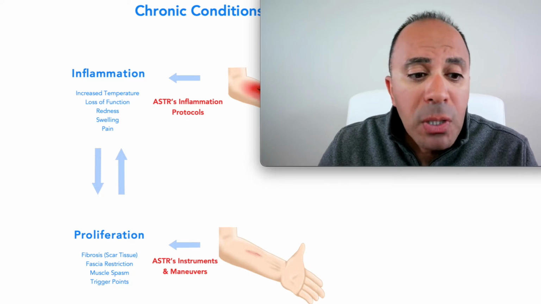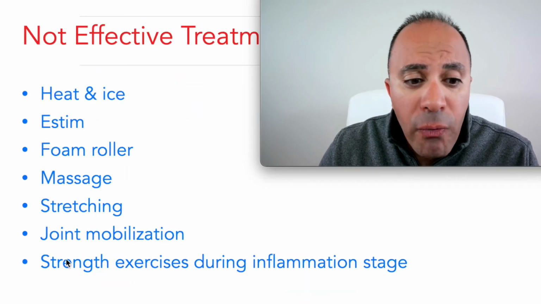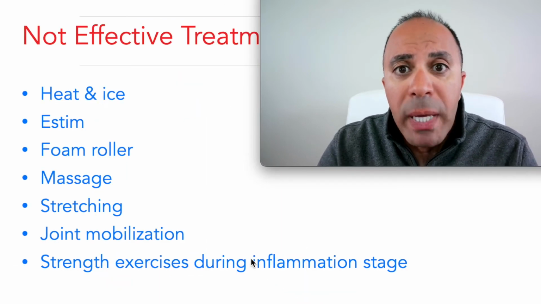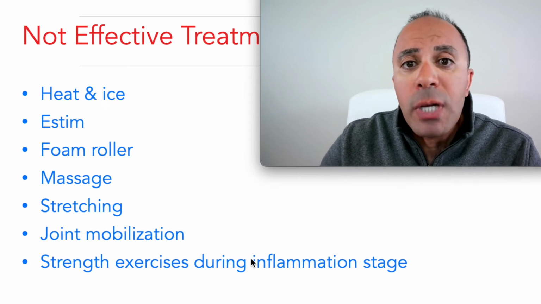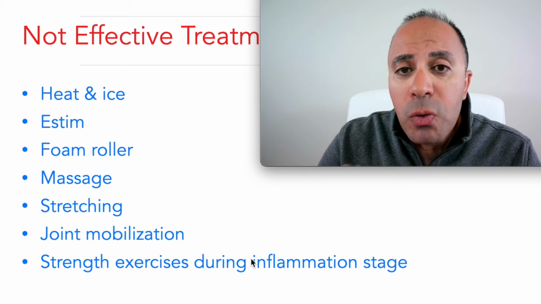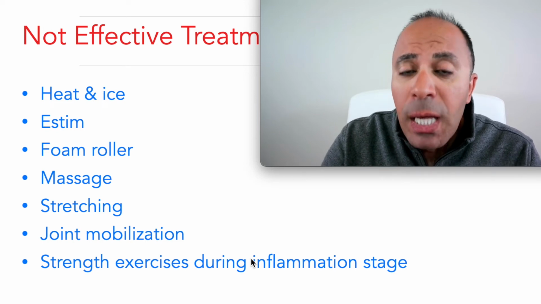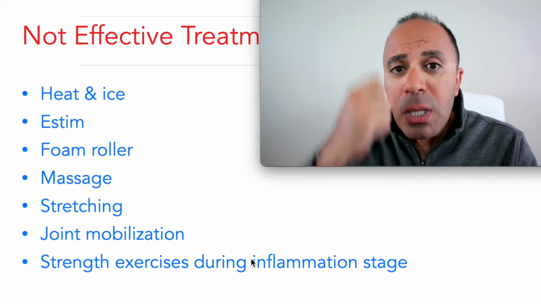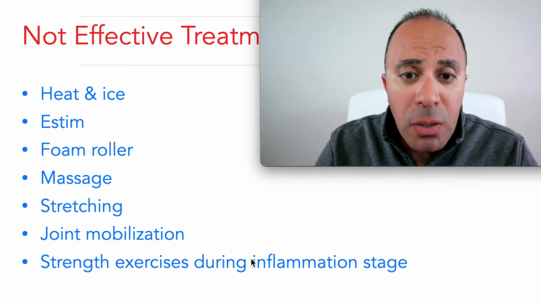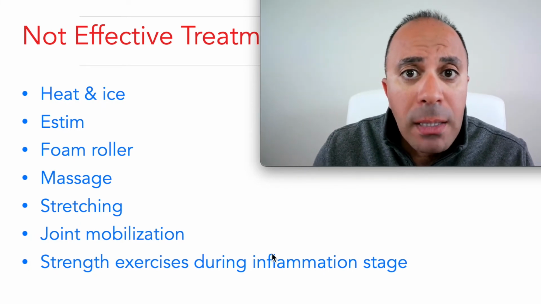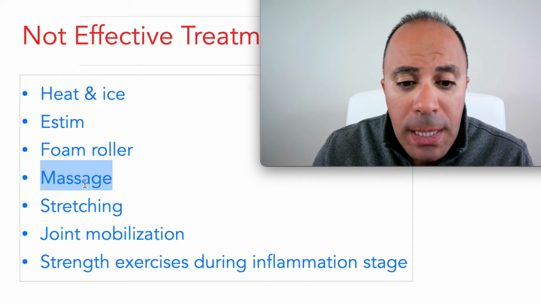The problem with massage and foam roller, when I go over the fascia system, it will make a lot of sense. These are not effective treatments because it's impossible to release deep adhesion with the knuckle, if you do massage with the knuckle or the elbow, or the foam roller that only touches the surface. We'll touch base on that when I go over the fascia system.